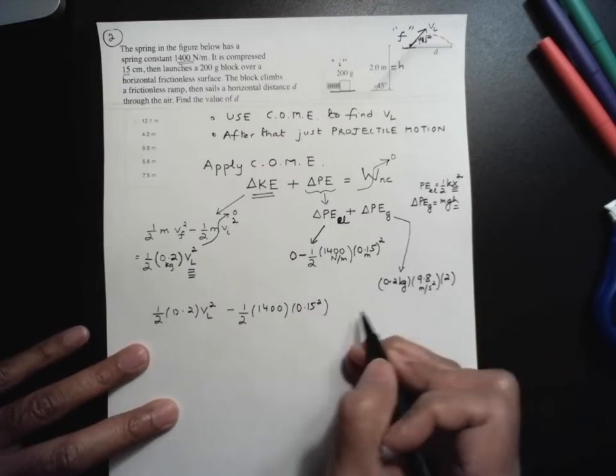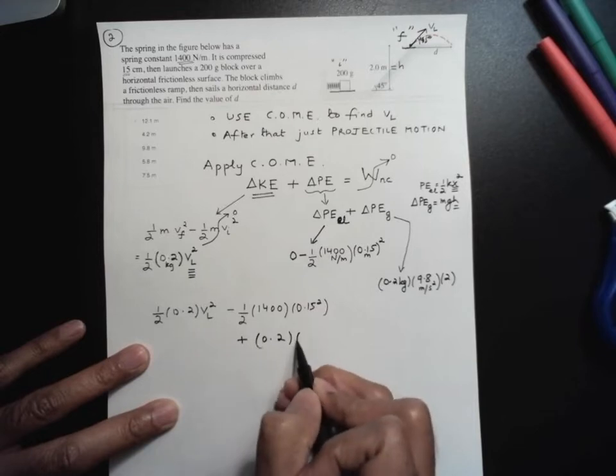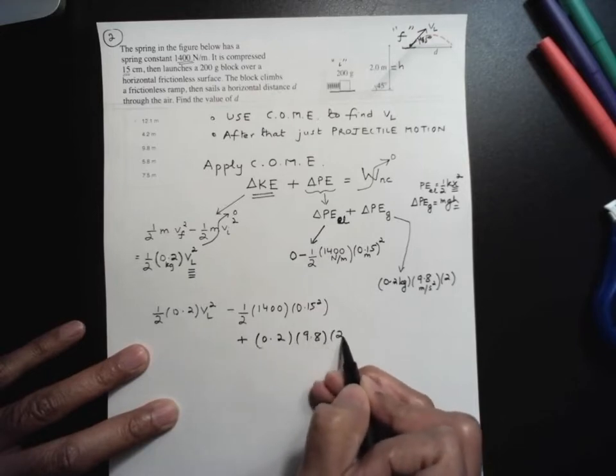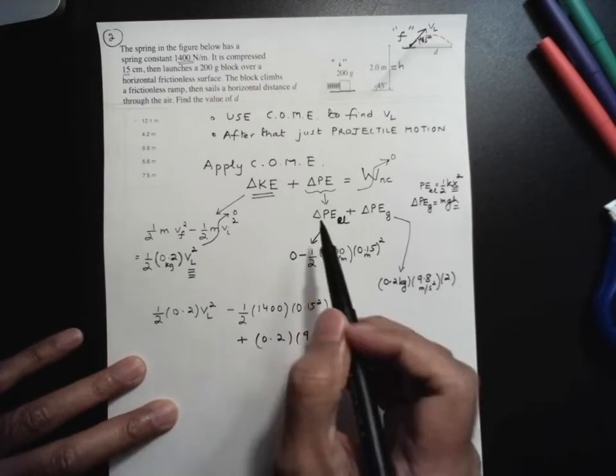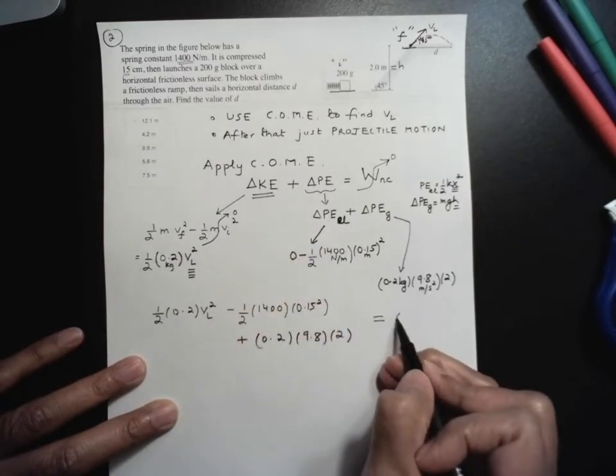And then there is the change in gravitational, which is right there, 0.2, 9.8 times 2, and all of this, change in kinetic plus change in potential, is equal to 0.